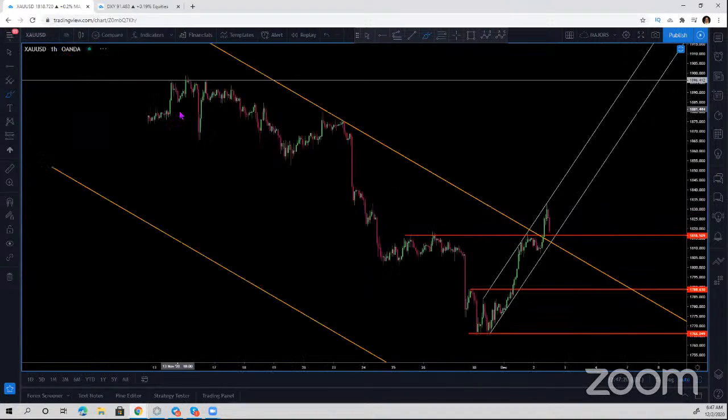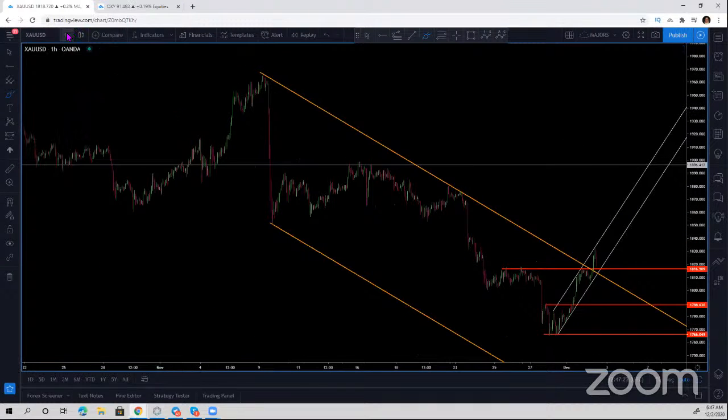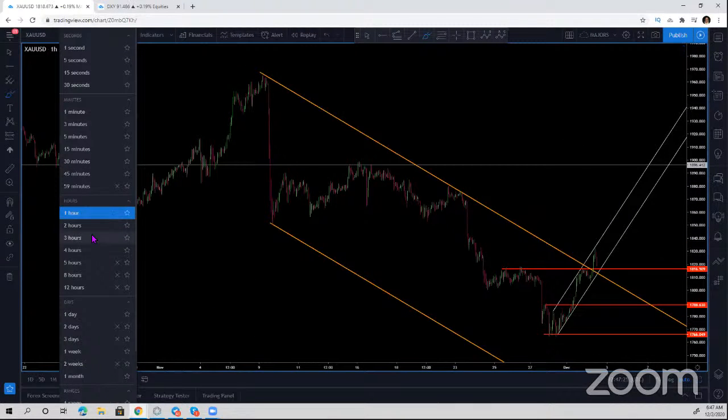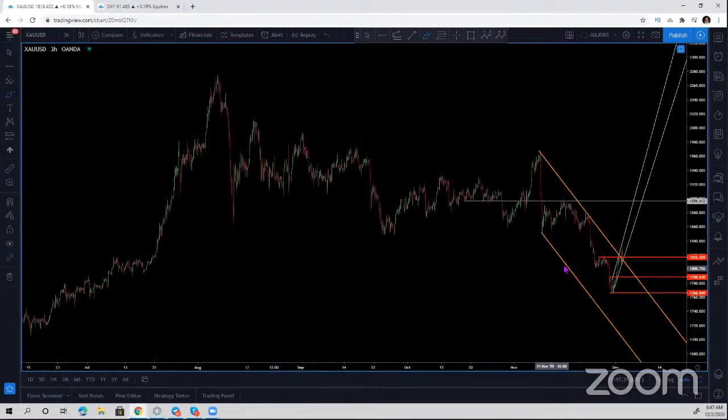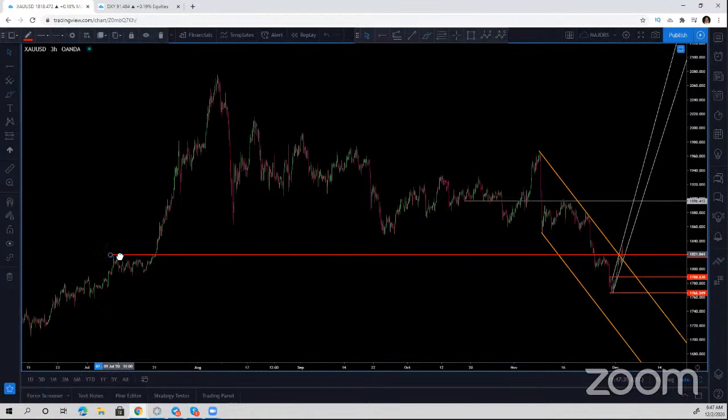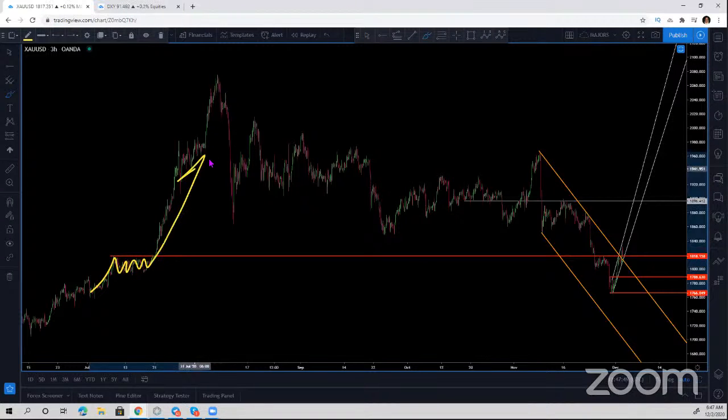Also, if we go to a higher time frame, you're going to see that that level, the 1816.50, is actually also a key level, right? In historic price action, right here, you can see that this was a level that was heavily protected by bears, but eventually, of course, bulls broke with it.